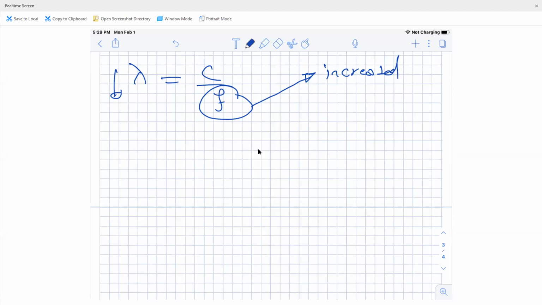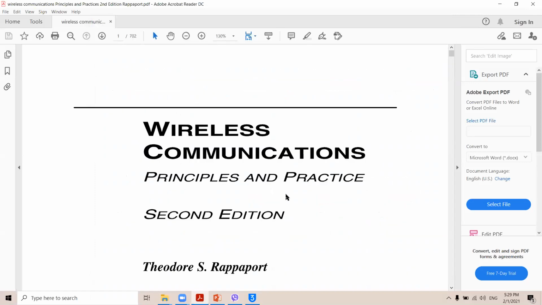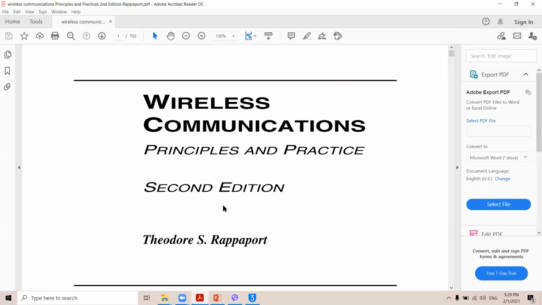Now let us start with the PowerPoint slides. Again, I'm going to basically depend upon this book, Wireless Communication Principles and Practice, second edition by Theodore S. Rappaport. Of course, the solution manual of this book is supplied.